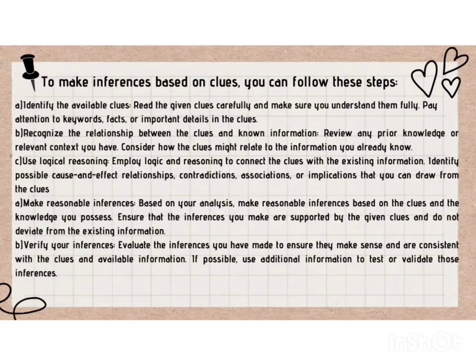And then, make reasonable inferences based on your analysis. Make reasonable inferences based on the clues and the knowledge you possess. Ensure that the inferences you make are supported by the given clues and do not deviate from the existing information.